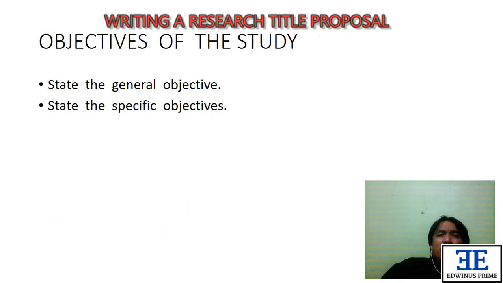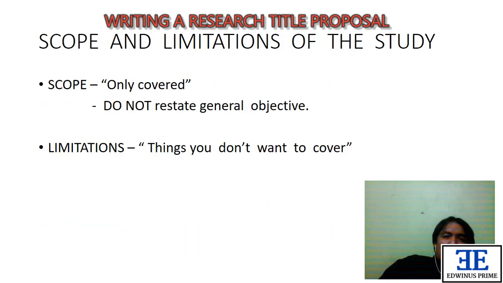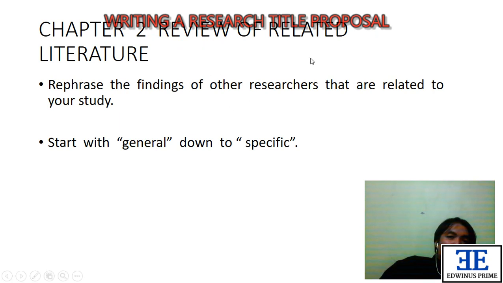So how do you find a problem? You can find a problem through literature. You study the work of other researchers and the weaknesses of the solutions that they have provided. So that's one way of finding a research problem.